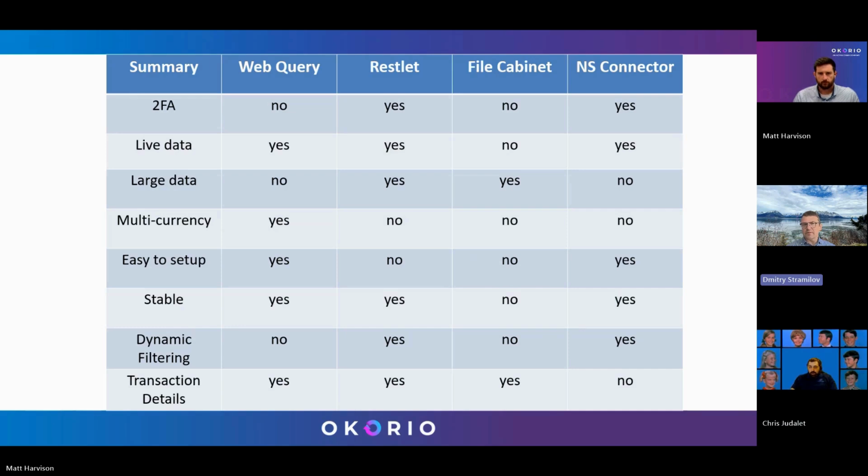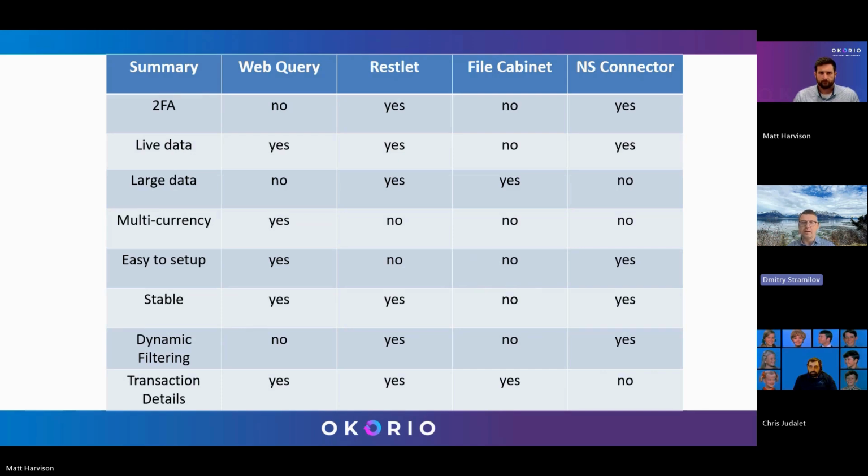Now, if we're talking about stability in terms of parsing the data, the top choices will be all three with yeses versus the file cabinet no. The reason for this is that the file cabinet approach gives us a CSV file that could be broken by some comma or special character or new line.